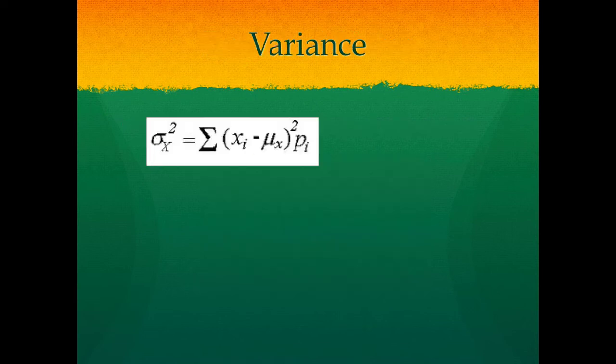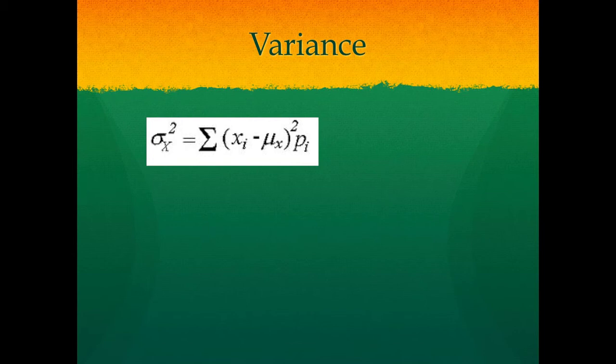The variance, I told you standard deviation would pop up again, not just in one variable statistics, but also in the future. The variance is the range of values you would expect. You calculate the variance by taking each value minus the expected value that you just calculated, square it, and multiply it by the probability of that value happening.